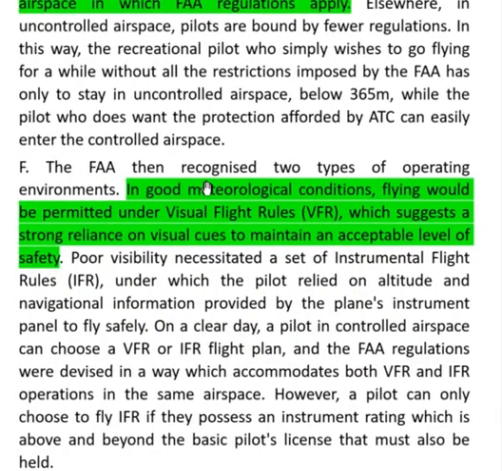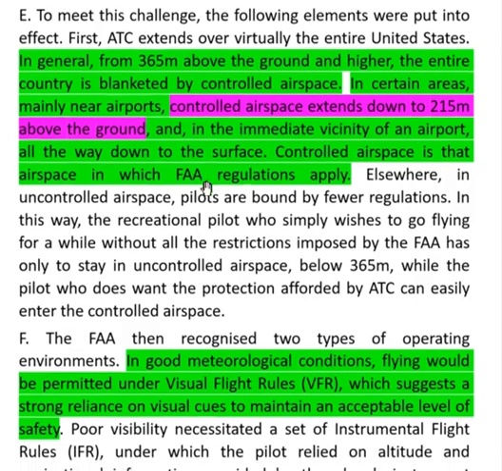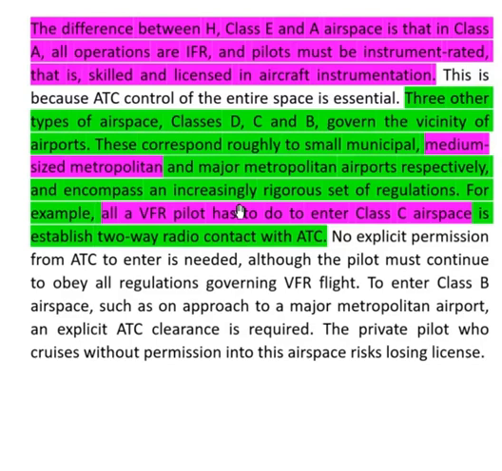Paragraph G, where we have controlled airspace is divided into several different types designated by letters of the alphabet. Uncontrolled airspace is designated Class F, while controlled airspace below 5,490 meters above sea level, not in the vicinity of an airport, is Class E, the beginning of paragraph G. So we go back to the statements in the question and check.